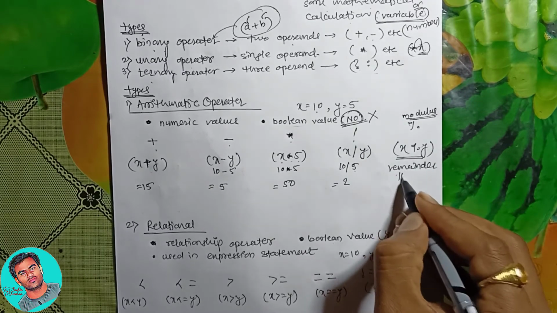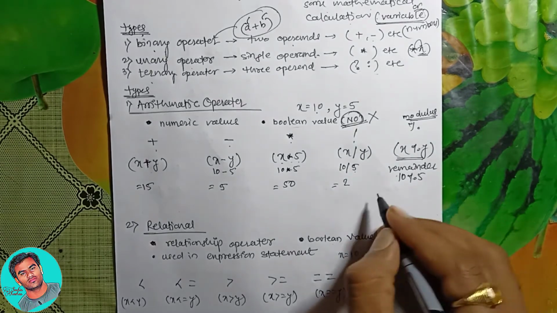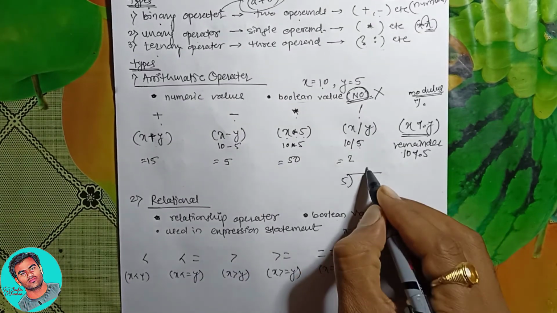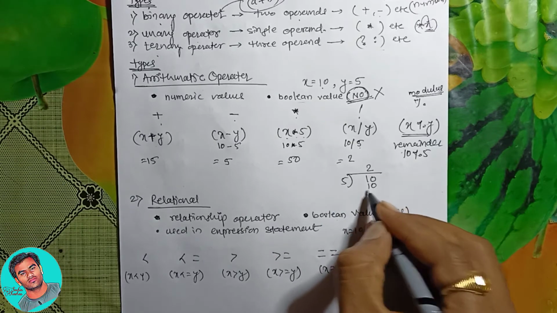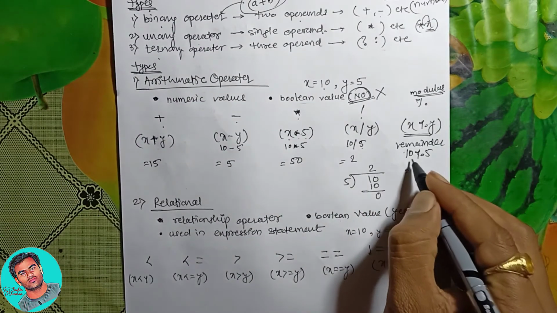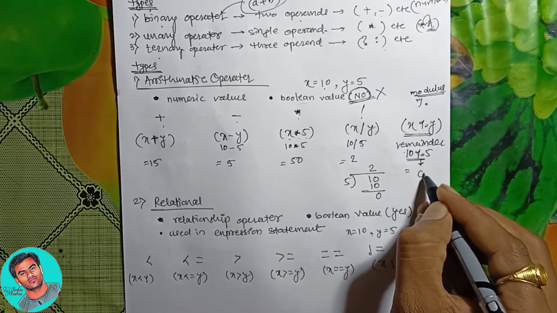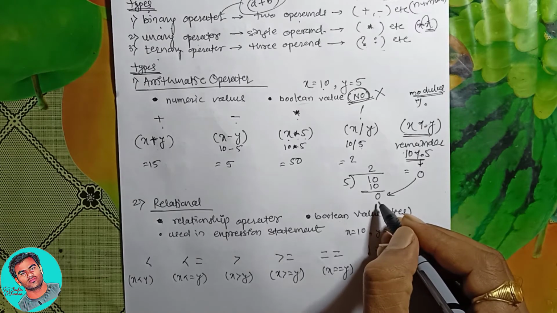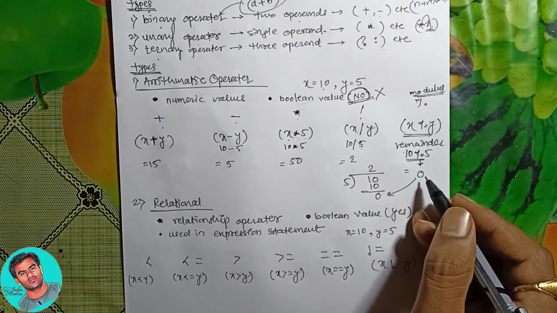When I write 10 modulus 5, if we perform the calculation, 10 gets divided by 5 evenly, and it represents the value 0 as a remainder. So this returns the value 0 as it is the remainder. If there is some other value, it is going to represent that value here.